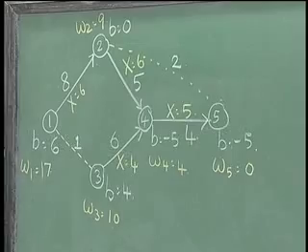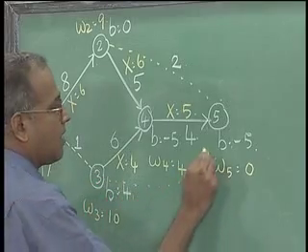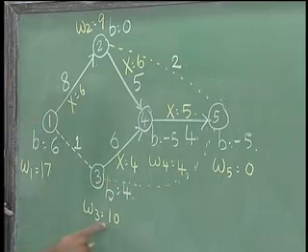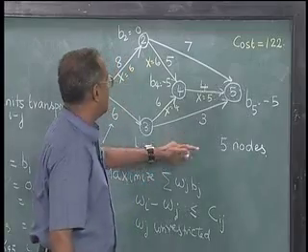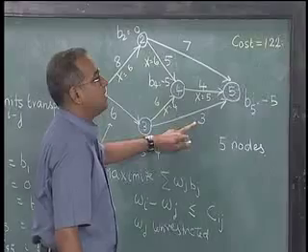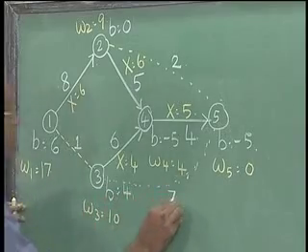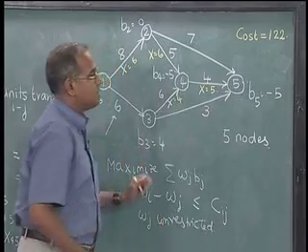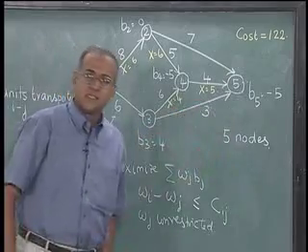Now, there is another non-basic arc, which is 3 5. Wi minus Wj minus Cij would give us 10 minus 0 minus 3, which is 7.